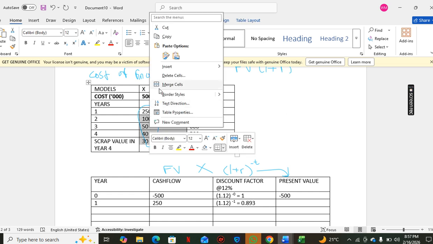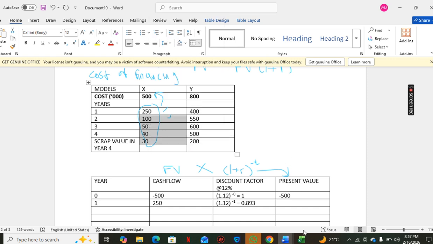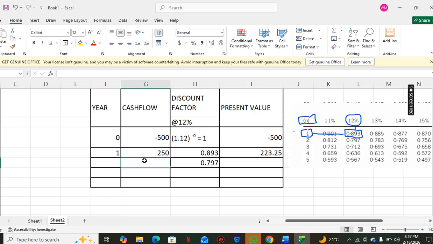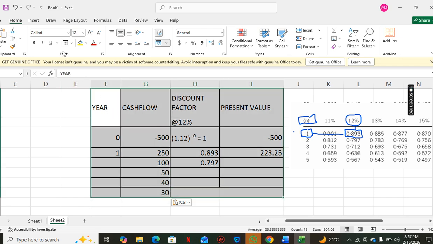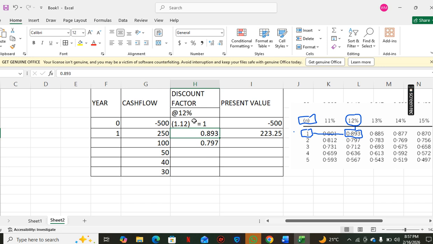On year 0, is it always negative, the actual capital, the starting capital? Yes, at year 0 there's always a negative. Always. Even here, it's supposed to be to the power negative 1, power negative 2.